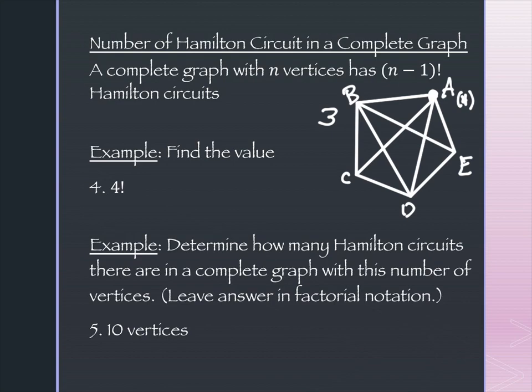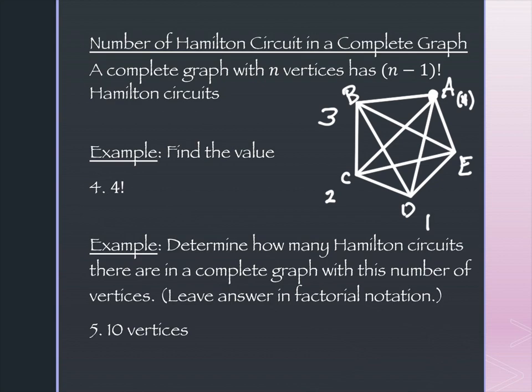I've already counted CA, so I'm not going to count it again. And I need to put in CE, and I haven't counted CD. So there's 2 more. So CD and CE get counted here. And then for vertex D, the only one that has not already been counted is DE at the end. So if you count all these up, you see that 4, 3, 2, 1 showing up, right?